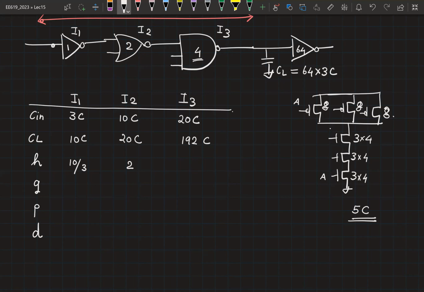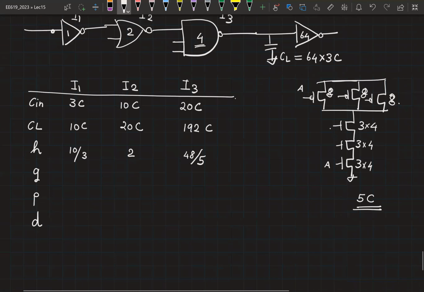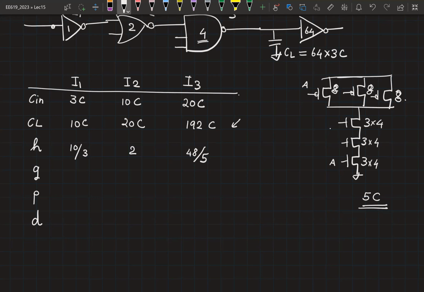And here you will have 192 by 20, which is roughly 48 by 5, whatever. Any questions on how CL was written? You don't account for the diffusion capacitance of each gate. You simply look for what load it is driving. The fan out capacitance is what you look for as CL.